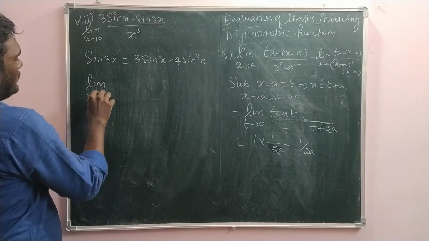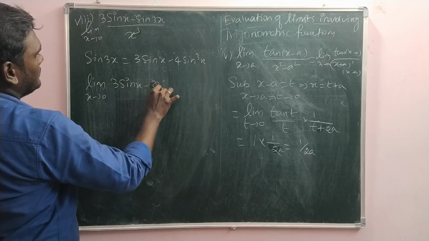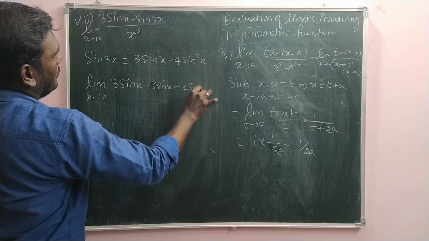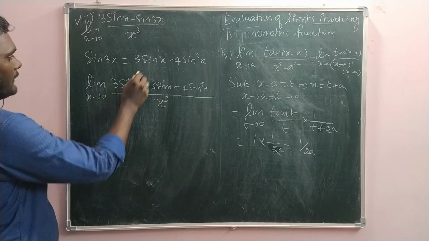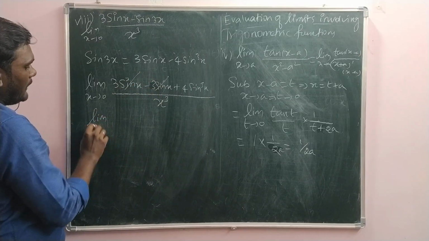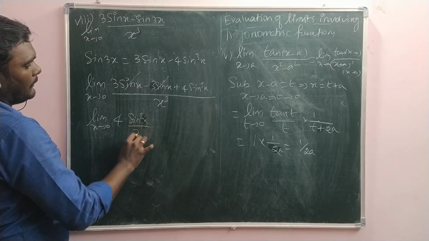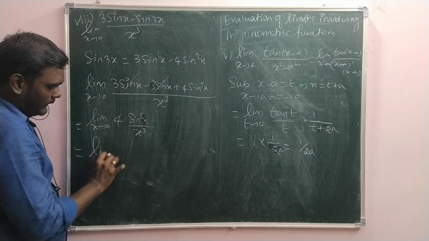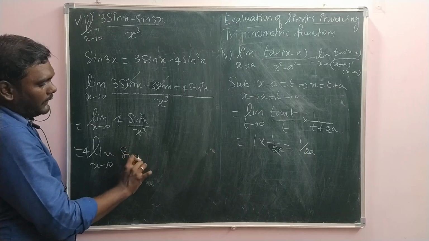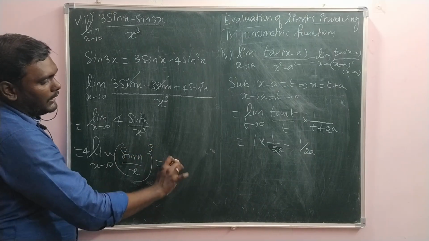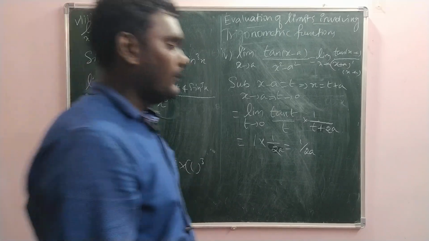Then limit x tends to 0, 3 sin x minus 3 sin x plus 4 sin cube x by x cube. Okay, now 3 sin x cancelled. Then we'll get limit x tends to 0, 4 into sin cube x by x cube. 4 is a constant, we'll keep it aside. That is sin x by x whole cube. Our answer is 4 into 1 cube. Answer is 4. Okay.